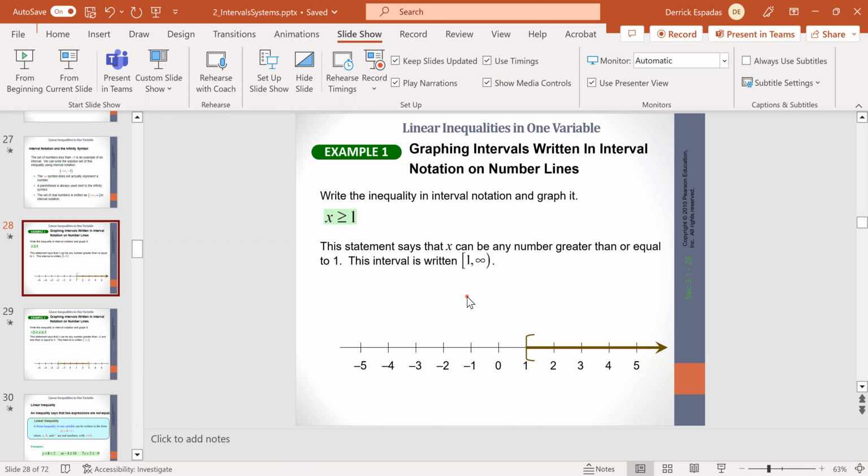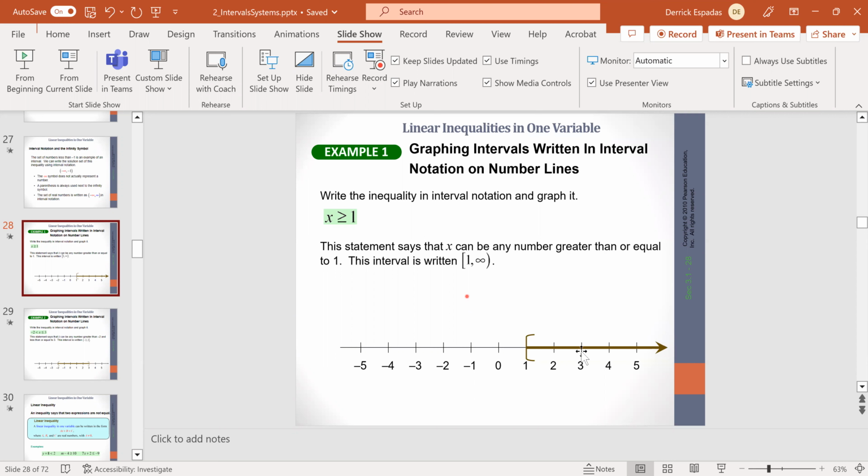So bracket means including. So that's why we would do it in this case instead of the parentheses. So we would write bracket 1, comma, infinity. And if we were to read that, it would be the numbers including 1 and greater.